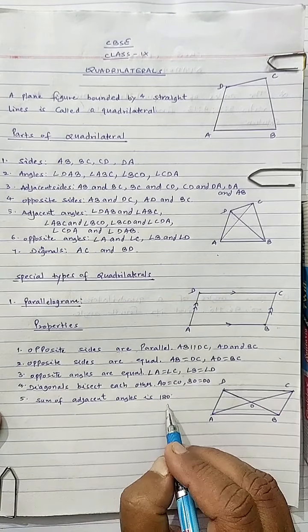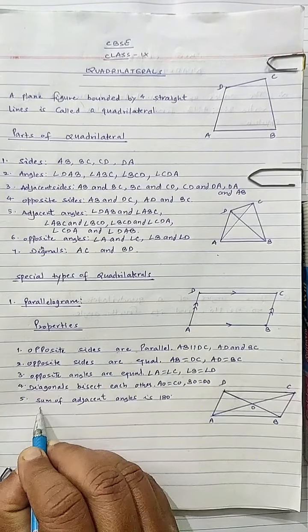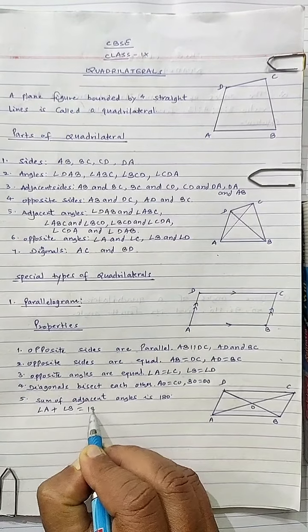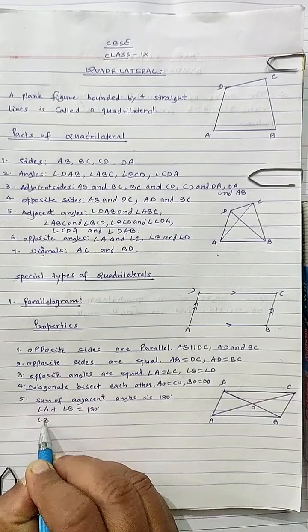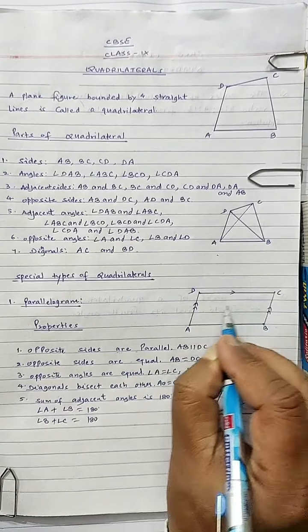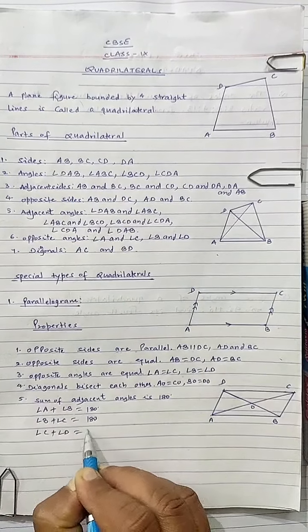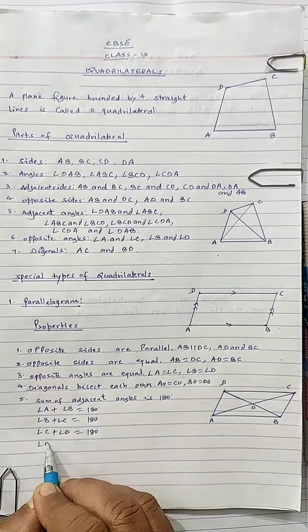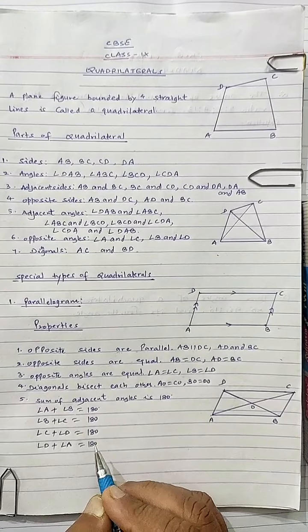Adjacent angles' sum is 180, meaning angle A plus angle B is 180. Angle B plus angle C is 180. Angle C plus angle D is 180, and angle D plus angle A is 180. Okay.